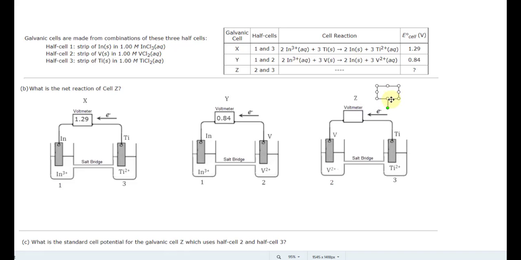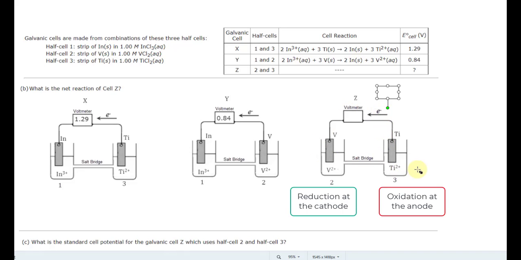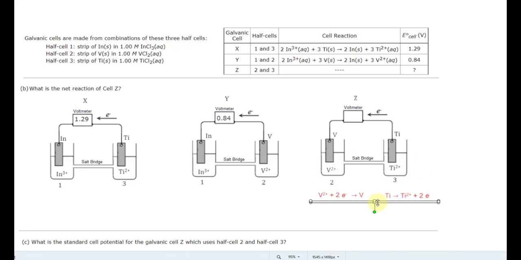And here's my reveal. The electrons are going to be going to the vanadium. Once I know that, I can write the equation. I'm going to know that the vanadium plus 2 is going to gain 2 electrons, ripping them off this poor titanium. Titanium is taking a beating here, but no, don't worry. Titanium looks really, really pretty when it gets its oxide coatings.